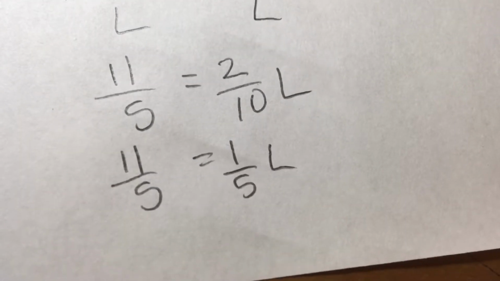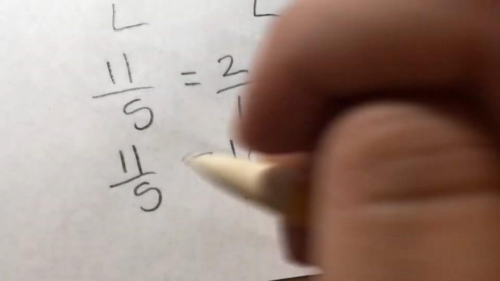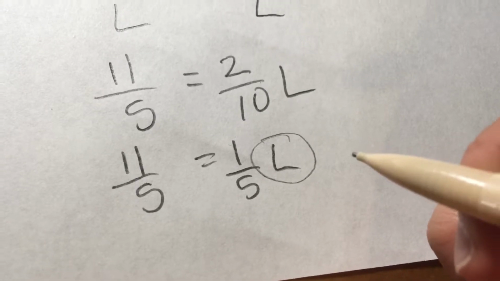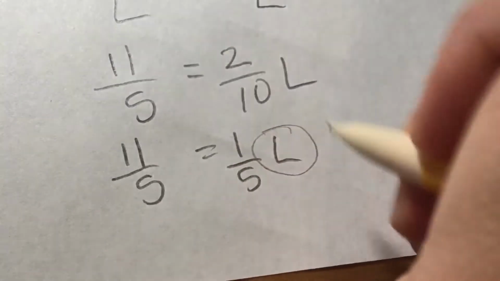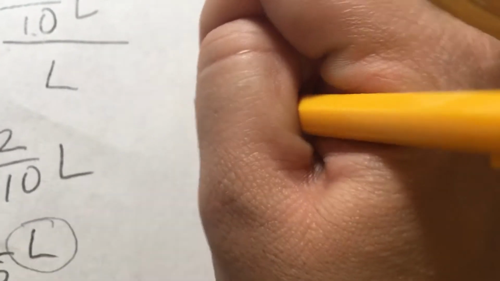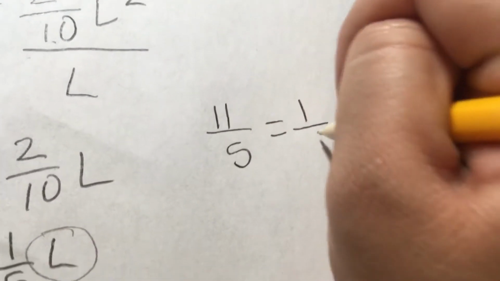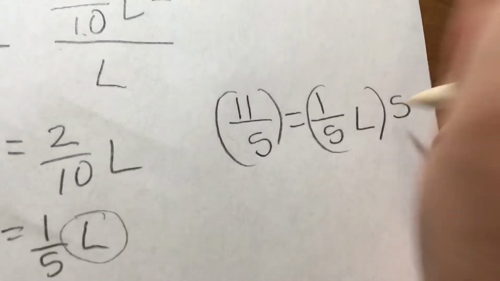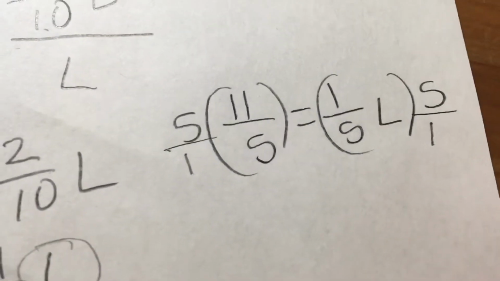Now we just have to solve for this L right here. I want to get rid of the fractions, so I'm going to multiply each side by 5. 11 over 5 equals 1 over 5 L, so multiply each side by 5 over 1, because that's the same thing.